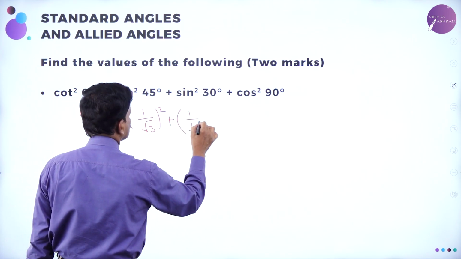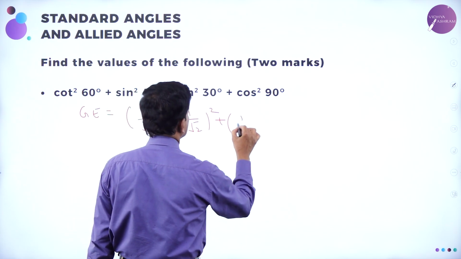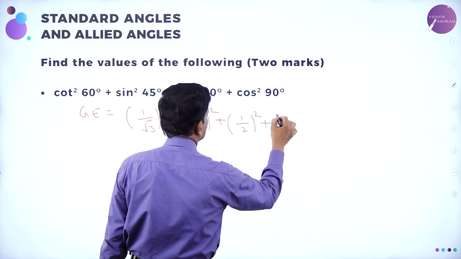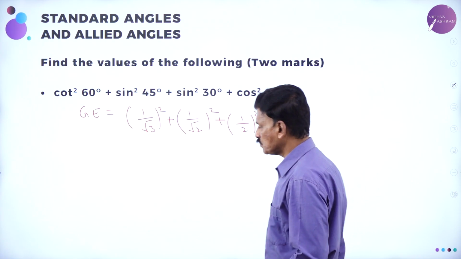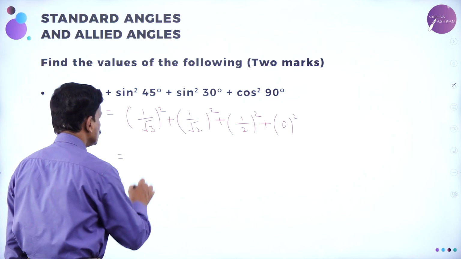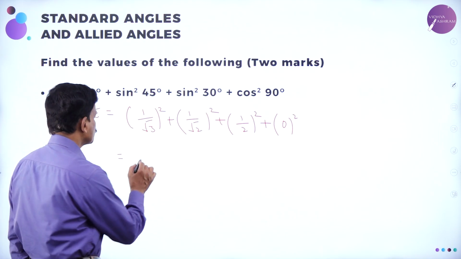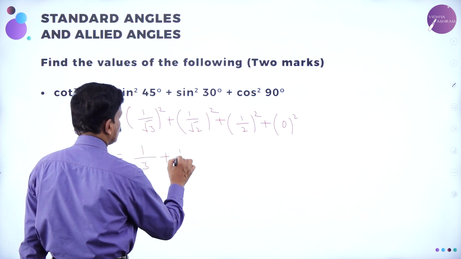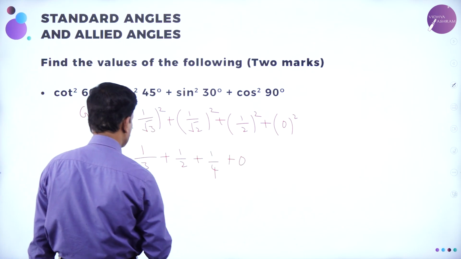Sin 45 is (1 by root 2) whole square, plus what is sin 30? Sin 30 is (1 by 2) whole square, plus what is cos 90? Cos 90 is equal to 0. Now this is equal to (1 by root 3) whole square, which is 1 by 3, plus 1 by 2, plus 1 by 4 plus 0.